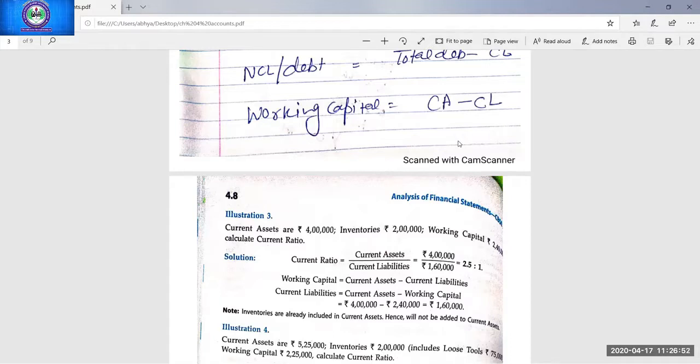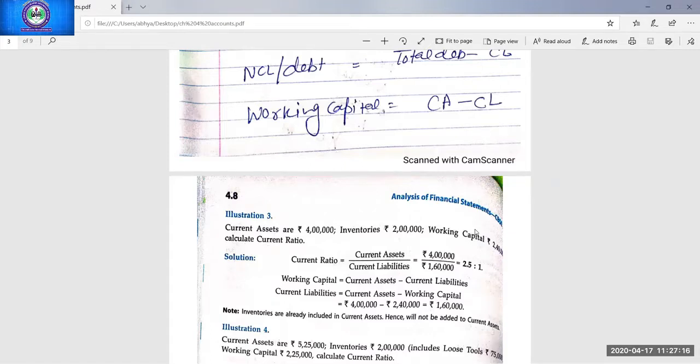Now current liabilities have come to 1,60,000. So the answer will be 4 lakh upon 1,60,000, which is equal to 2.5 is to 1. Students, if the answer is coming in decimals, make sure you find the answer up to 2 decimal places.